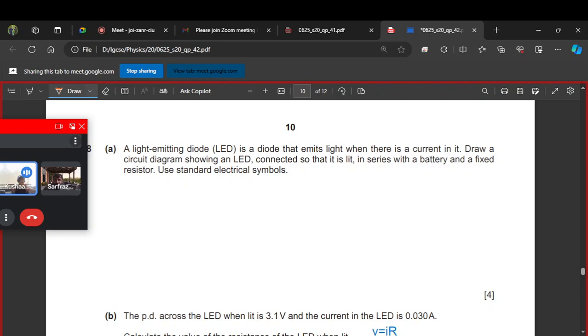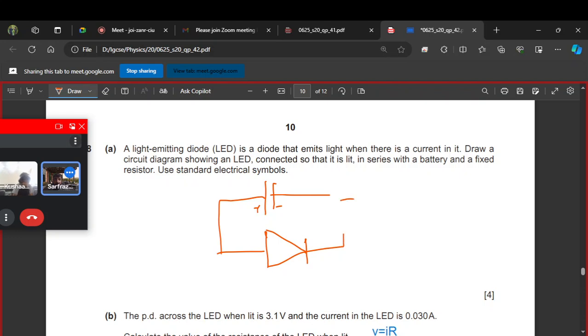Light emitting diode is the one direction one. Yes, it's a diode. This is the P side, this is the N side. So the P side of this diode will be connected with the positive terminal, and the N side will connect to the other terminal.